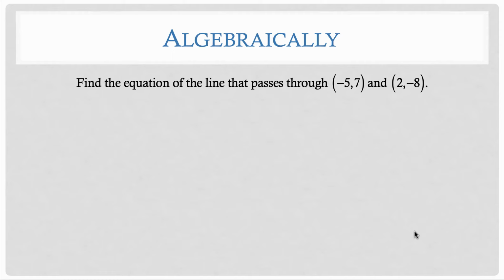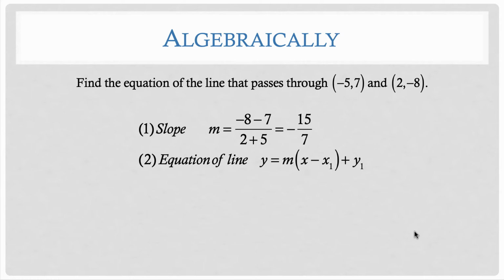Algebraically, again, similar process. We're given the 2 specific points that we're using to find the line. We're going to first find the slope, which I did, -15/7. And then I'm just going to write what the equation of the line is. -15/7 times x plus 5, plus 7.